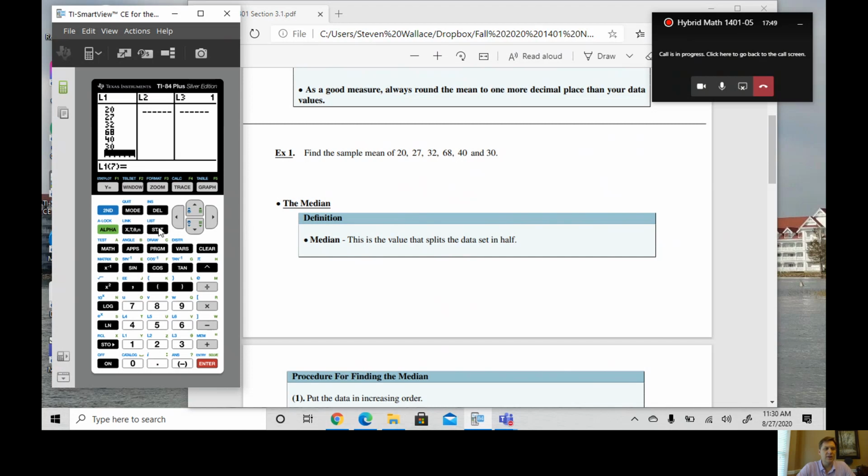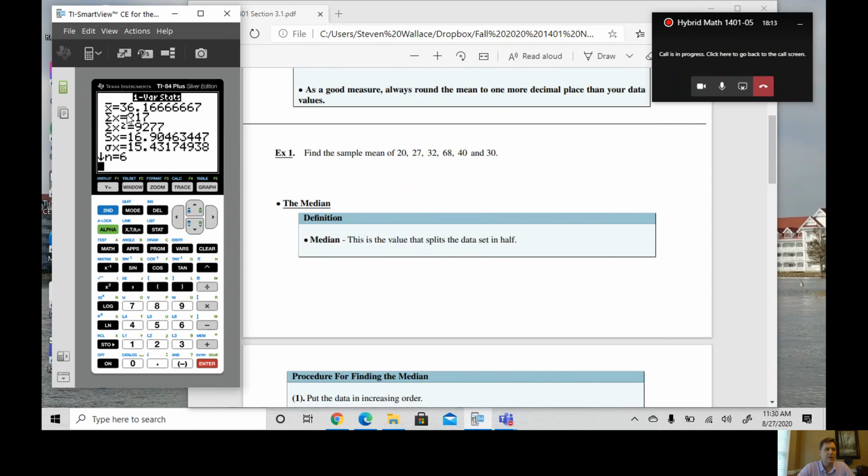You put it in there, and then you go to Stat, Calc, 1-Var Stats. If you have the operating system that is most prevalent nowadays, you get to this screen here, and you just click Enter, Enter, Enter to get to the end. What they give you here is the mean.